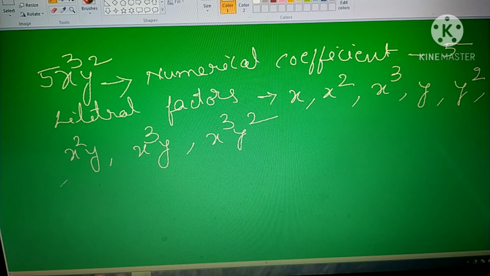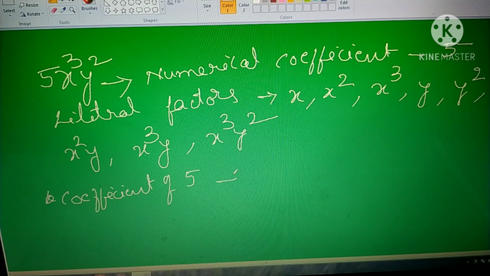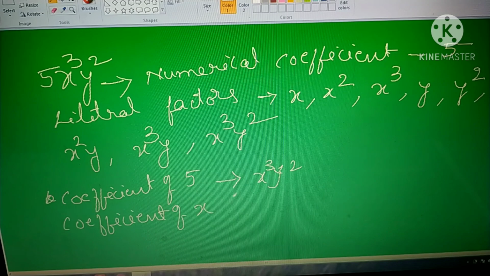So what is the coefficient of 5 here? Coefficient of 5 is x cube y square. Now the coefficient of x square, I am talking about x square in this term only. Leave that x square, and write all the remaining.